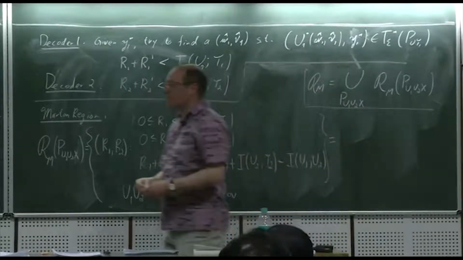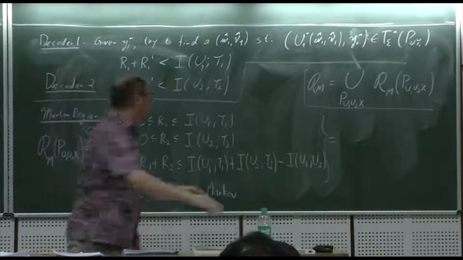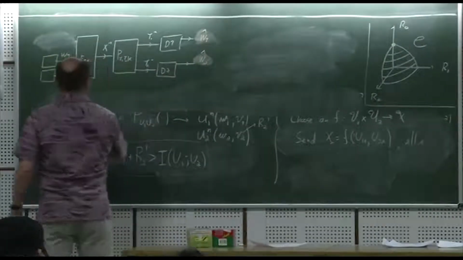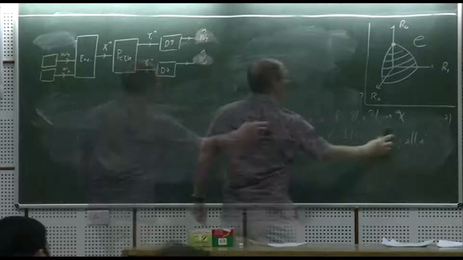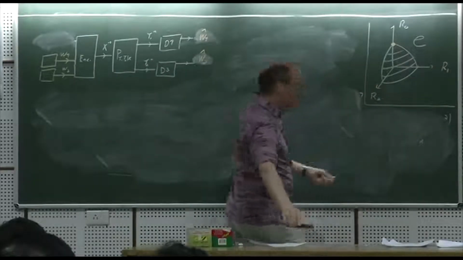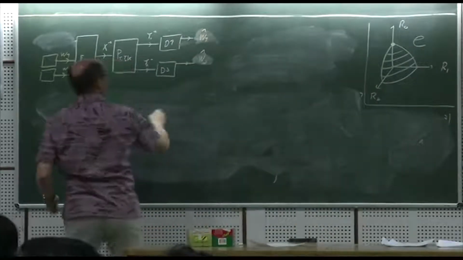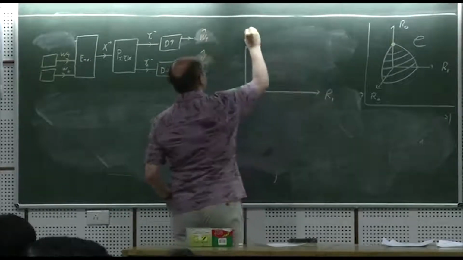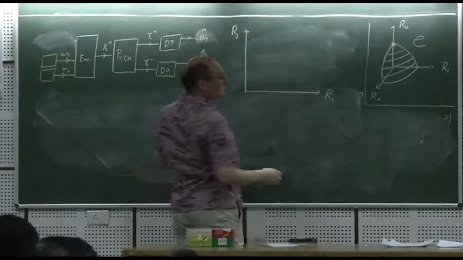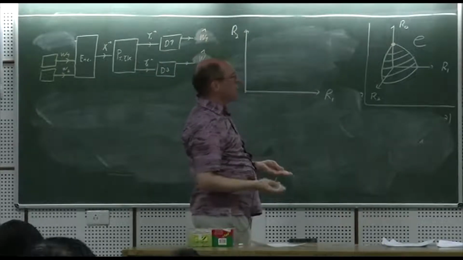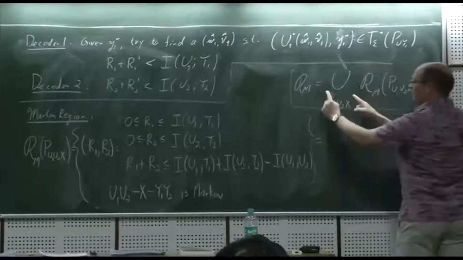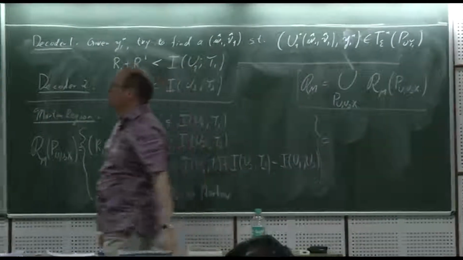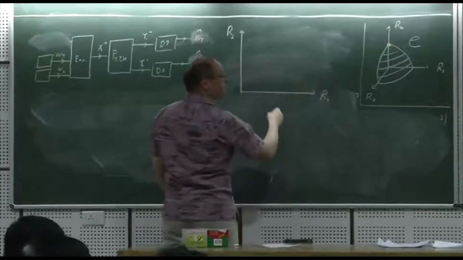So we still want to do an optimization. So let's draw every one of these subregions, and then talk about what the union looks like. Right, so if we look in this plane, the region looks like this. Okay, for every choice of joint distribution U1, U2 and function to X, or for every triple joint distribution, we're going to get a pentagon.